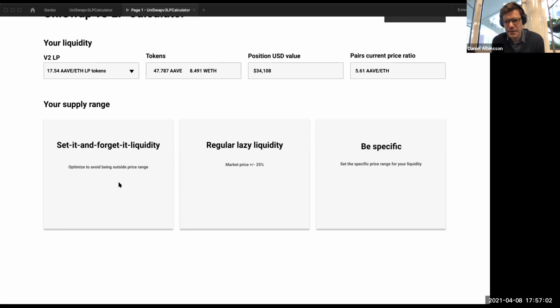It's a clear optimization from V2 because it's not infinity to zero. It's just the price that actually happened. Then we have the regular lazy liquidity, which is current market price plus minus 25, so that's most likely a bit narrower. And then we have the specific one, which is basically you tell us the ranges.